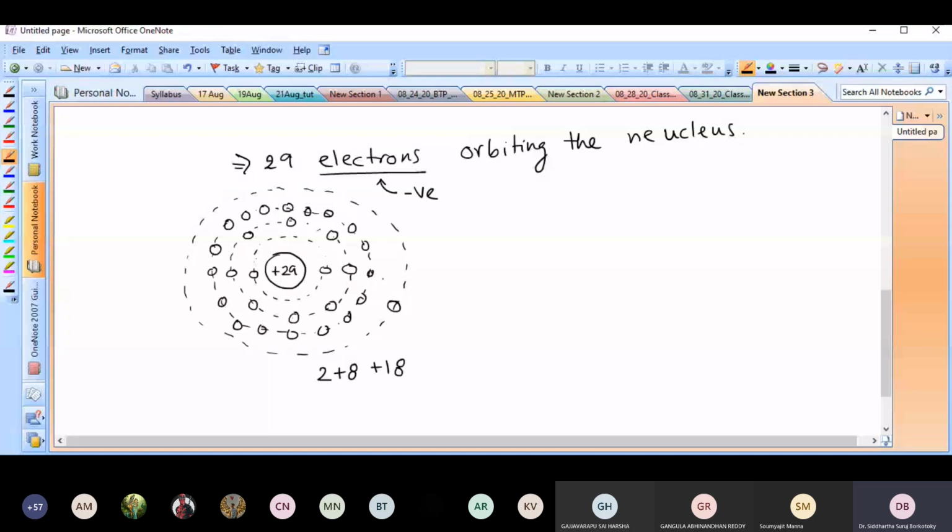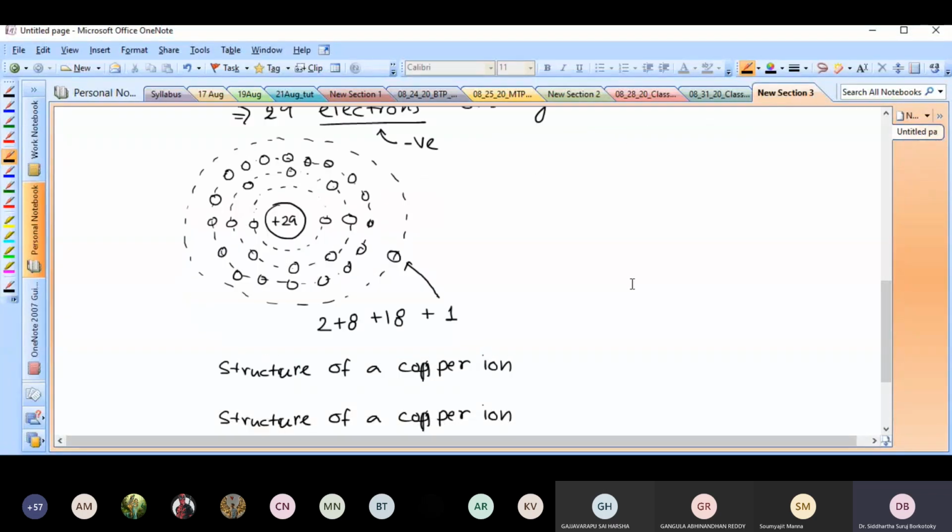So this is the structure of a copper atom.